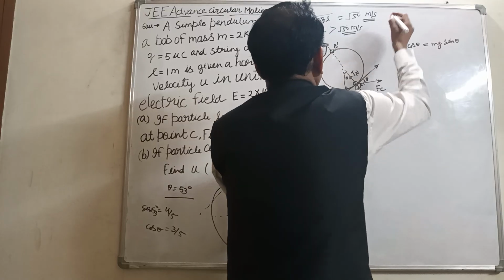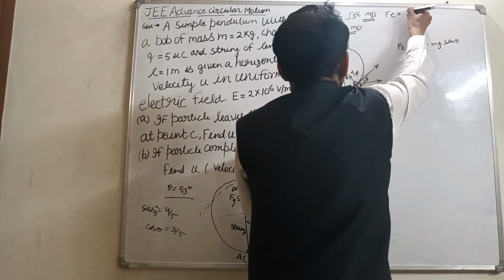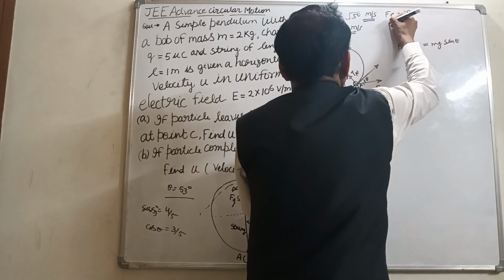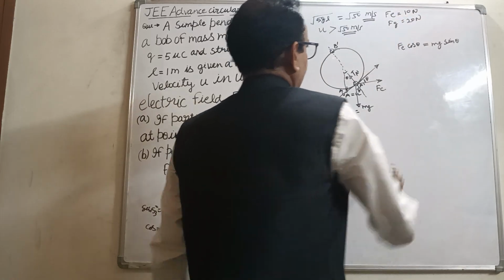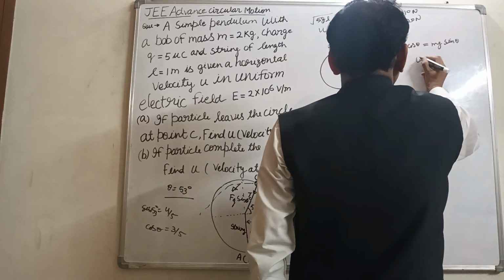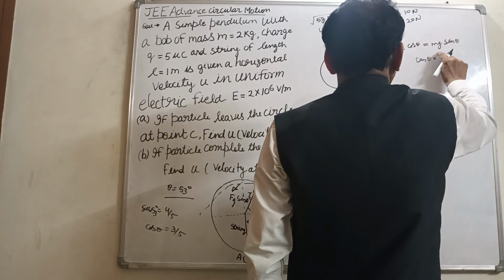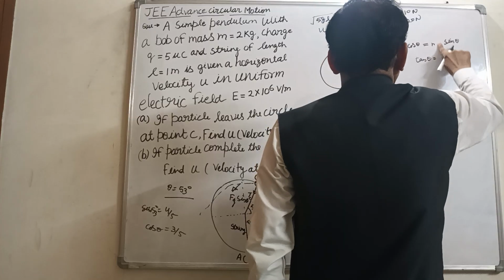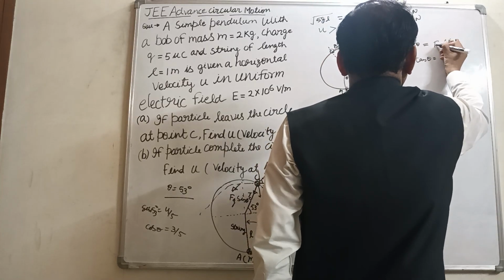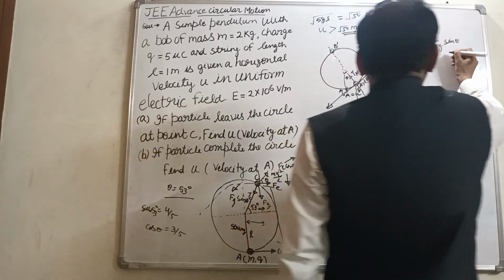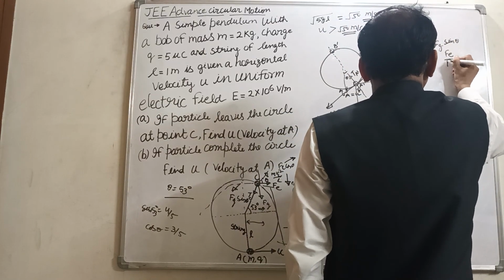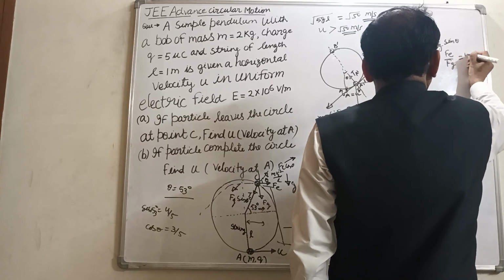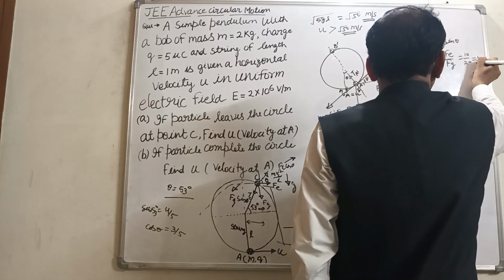Suppose we have the value of Fe: Fe is equal to 10 Newton. We have calculated earlier, Fg is 20 Newton. So what would be tan theta? This would be Fe upon Fg, so 10 by 20, which becomes 1 by 2.